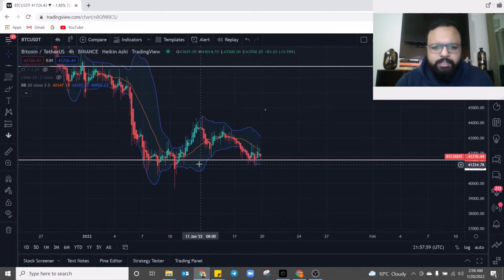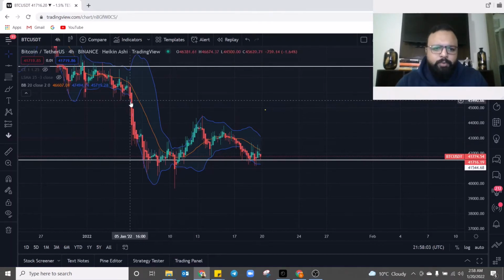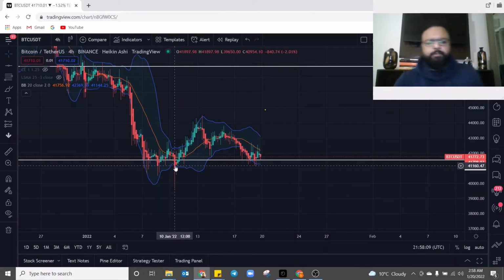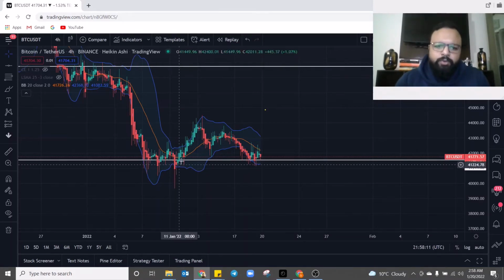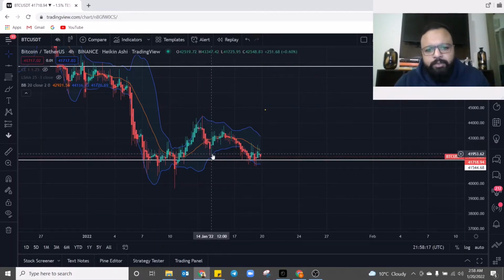What it does is actually track the price movement, and you'll see most of the time the price is either reflecting from the bottom Bollinger Band, and then it goes all the way up to the top, and then from the top you have a price rejection all the way down to the lower Bollinger Band.